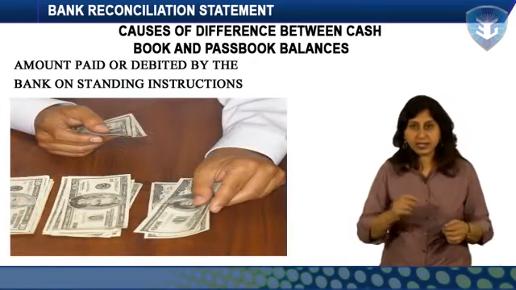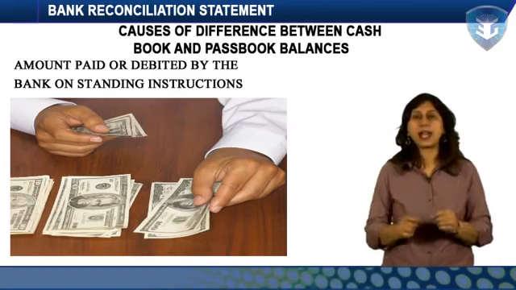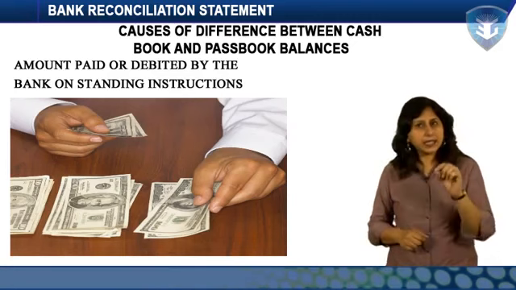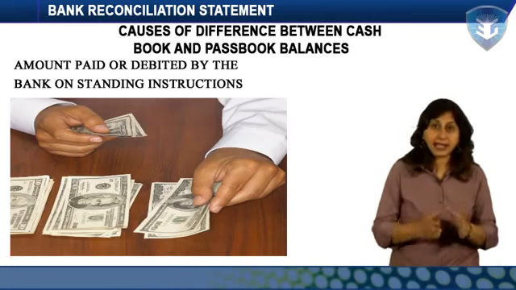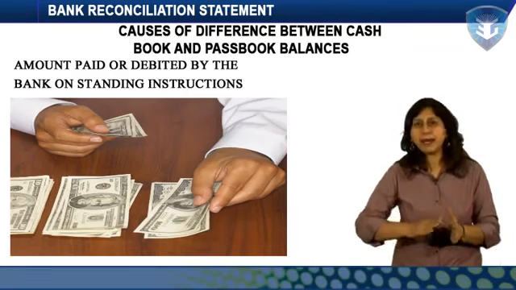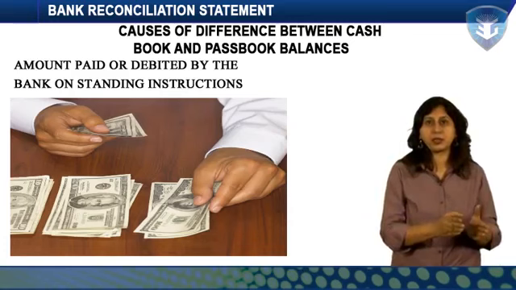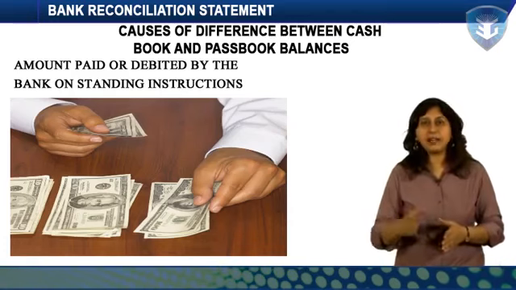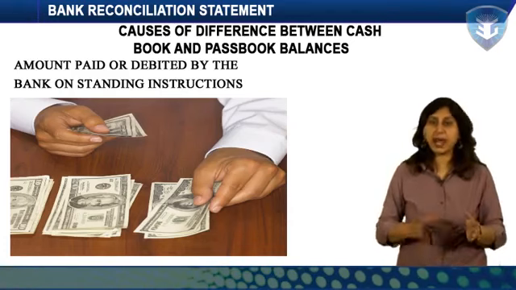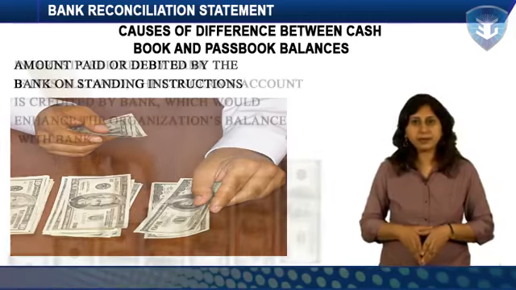Amount paid or debited by the bank on standing instructions. The concern may also issue standing instructions to the bank for making some payments on its behalf and debit the concern's account with it. For example, life insurance premium, rent, and payment of installments.